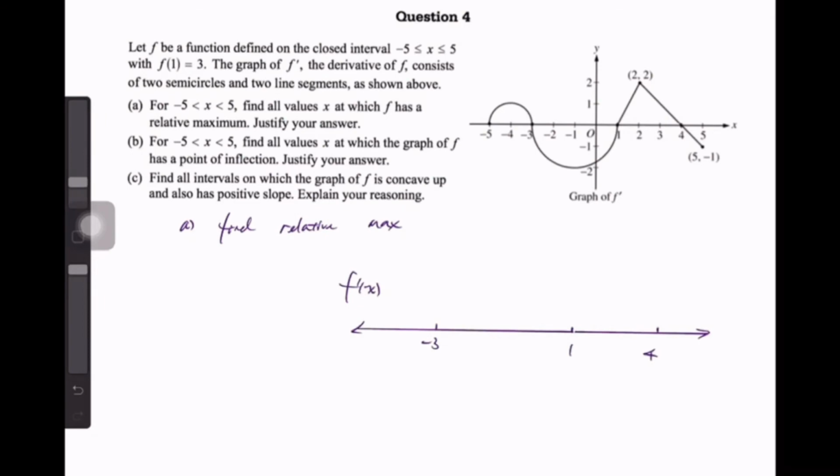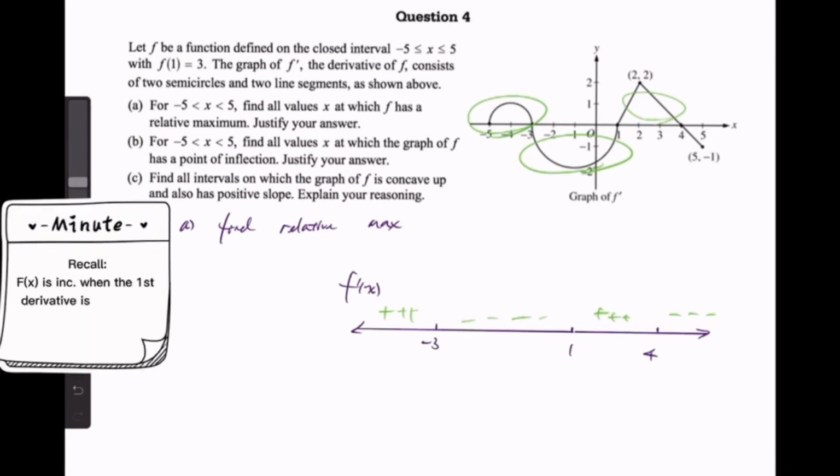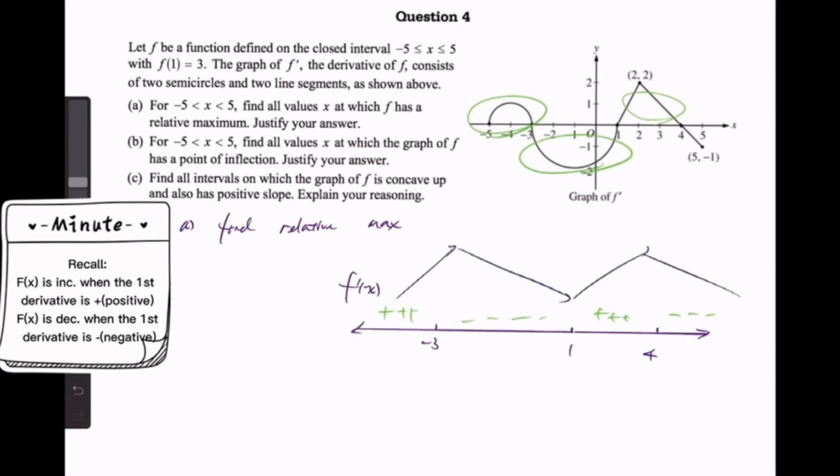By looking at the graph of f prime of x, we get f prime of x is positive from the interval -5 to -3, negative from the interval -3 to 1, positive from the interval 1 to 4, and negative from the interval 4 to 5. Since we know the original function is increasing when f prime of x is positive and decreasing when f prime of x is negative, we can draw in arrows to indicate where the graph is increasing and decreasing.